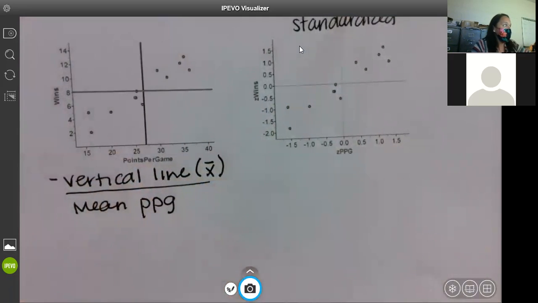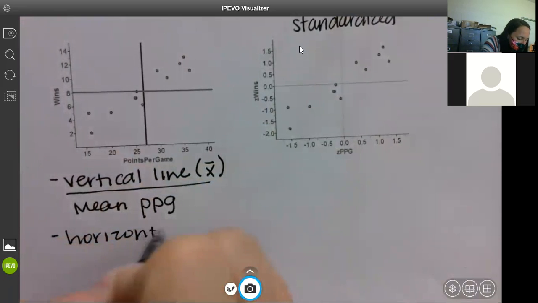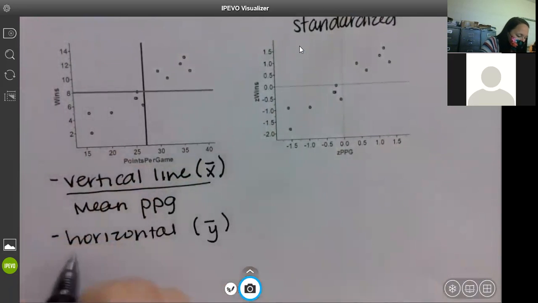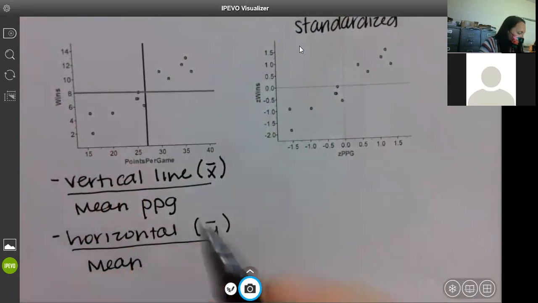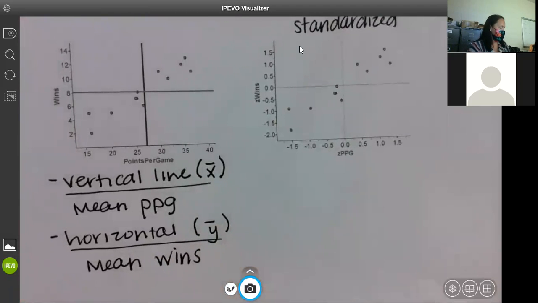If you need to write points per game, write that. So that makes the horizontal line the mean of Y, which is the mean wins. And then tell me about this graph.